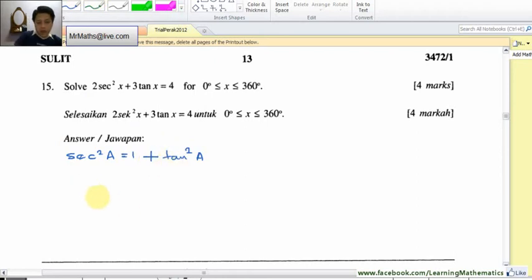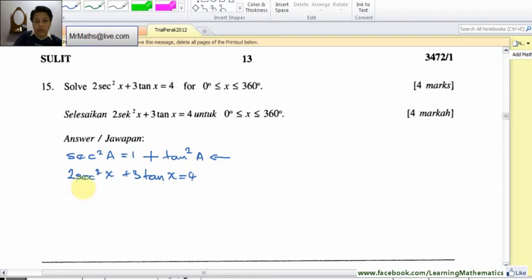So if you have this equation, 2 secant squared x plus 3 tangent x equal to 4, then if you want to solve this, you need to make sure that there is only one type of trigonometric function here. Because we have secant and tangent, we either need to keep secant or keep tangent. But take a look at the formula above. You can actually replace secant squared with tangent squared terms.